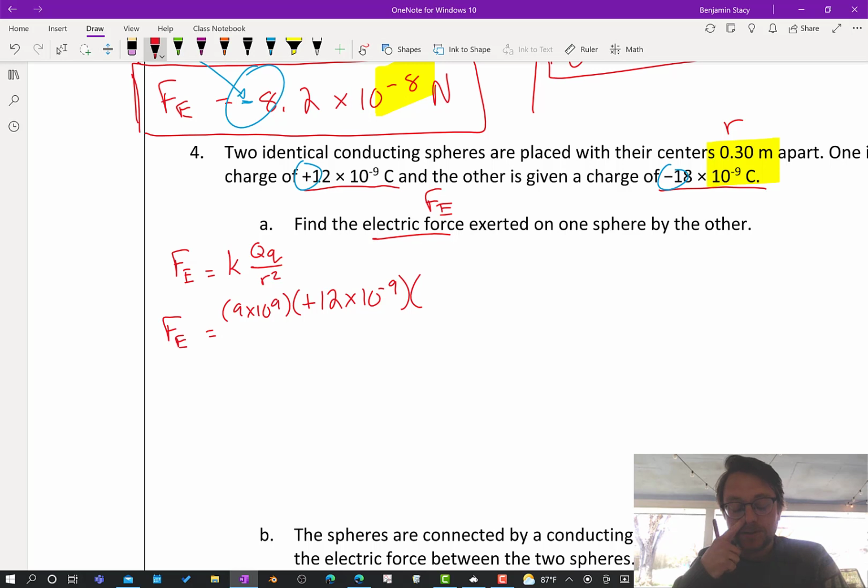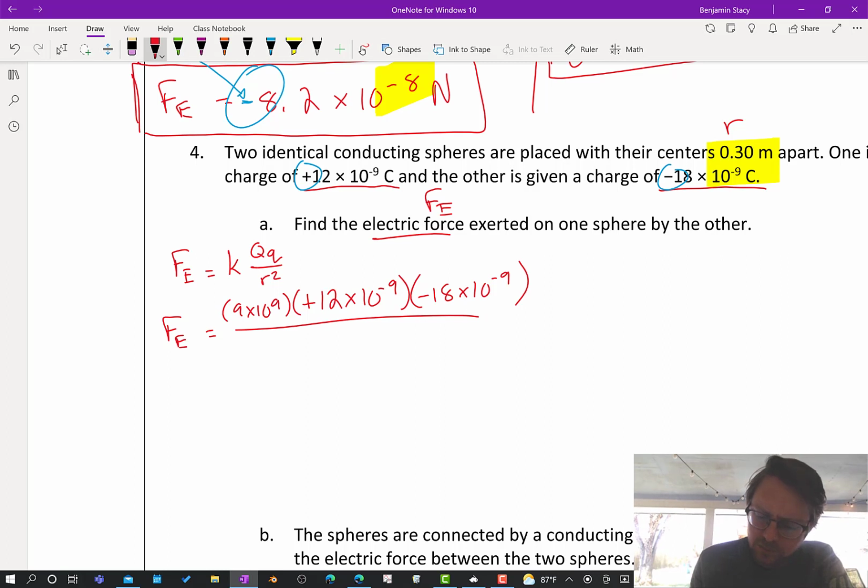I could drop it out and just get the magnitude because I've already said, look, they're going to be attractive. So as long as I remember to say that in my answer or put that minus sign back in at the end, that's fine. Minus 18 times 10 to the minus 9 over 0.30 meters. Let's make that actually look like a decimal point. And don't forget that distance is squared.